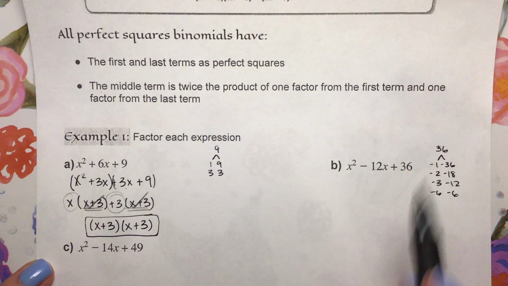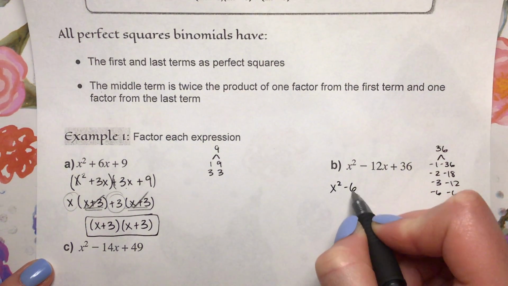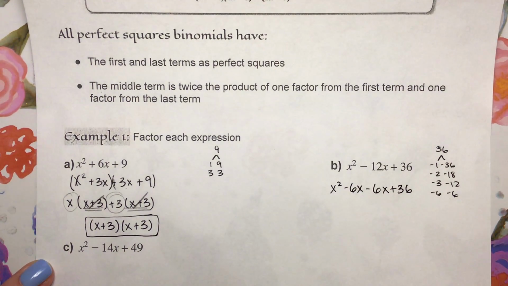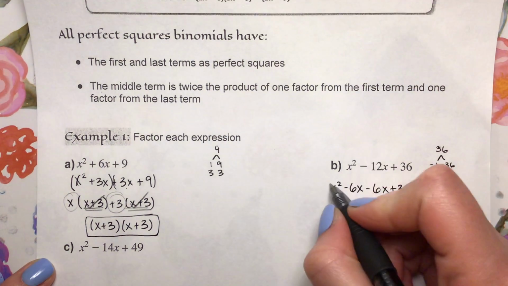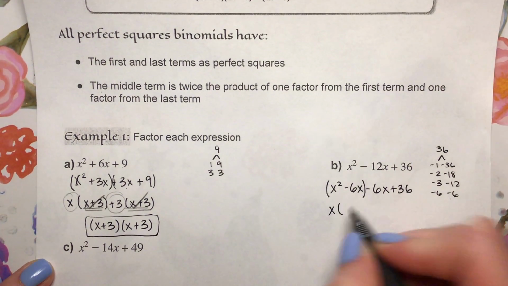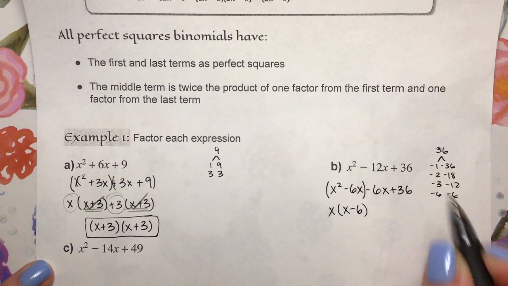So let's rewrite the middle term as that. So I have x squared minus 6x minus 6x plus 36. And now we're just going to divide this into two halves. For this part, I can pull an x out of both of those, and now I have x minus 6 remaining.